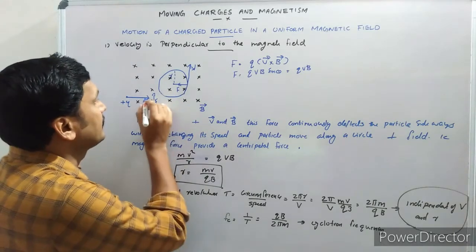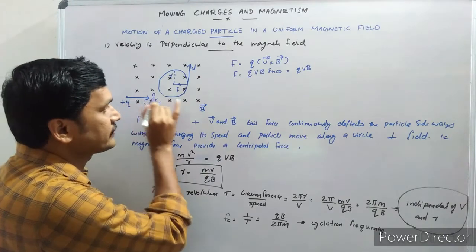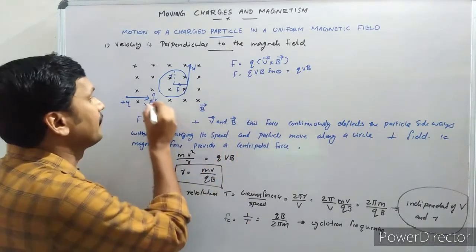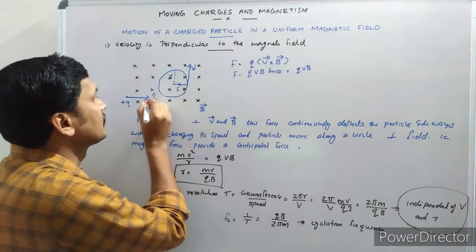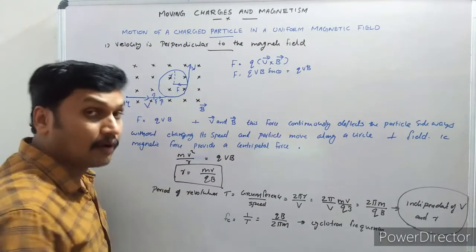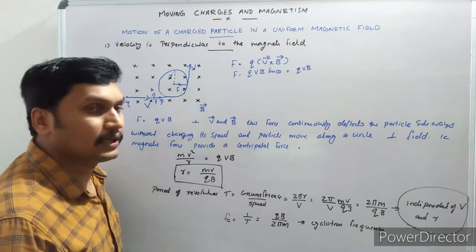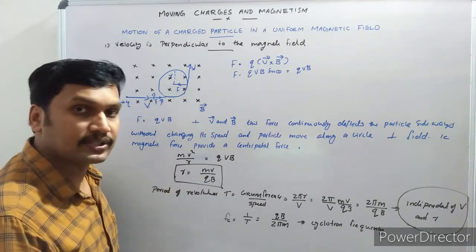So what happened? The charge deviates from the actual path. Actually this charge is moving along a straight line, but the upward force is acting, so the charge gets deviated from the actual path. The force is always acting perpendicular to the field and the velocity.